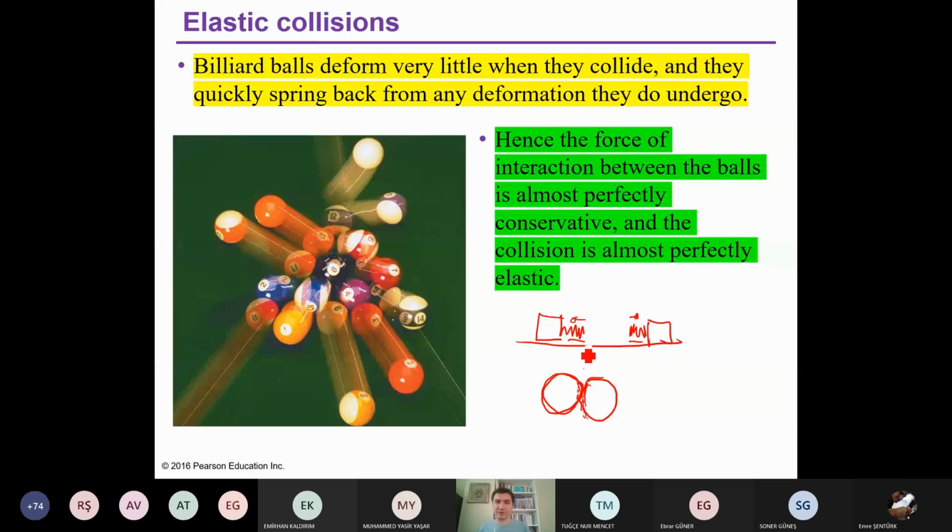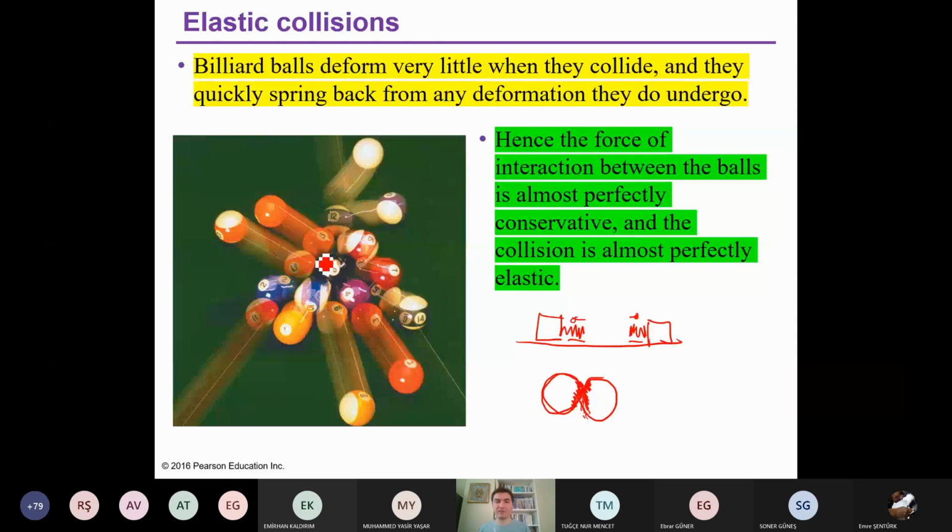So the force of interaction between the balls is almost perfectly conservative and the collision is almost perfectly elastic. At the beginning, during the collision, some part of the kinetic energy is stored as potential energy on the balls, due to the deformation. Then this deformation is repaired, and this stored potential energy is again converted to kinetic energy, and kinetic energy is conserved. So this is the example for elastic collisions.